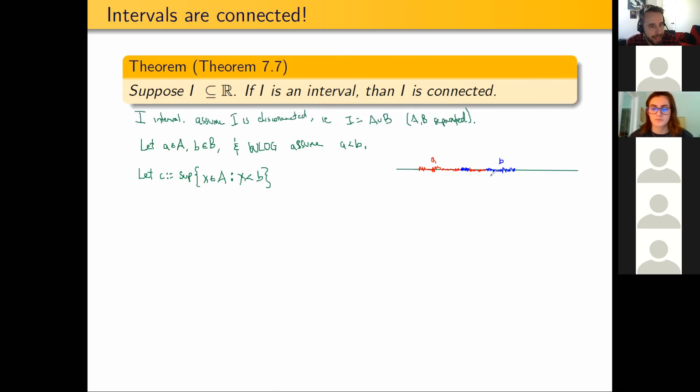I can take my set A, take the least upper bound of all of my points in A that are less than b, and call that supremum C. To be guaranteed that the supremum exists, I need to know that this set I'm looking at is bounded above. So this set right here is bounded above.